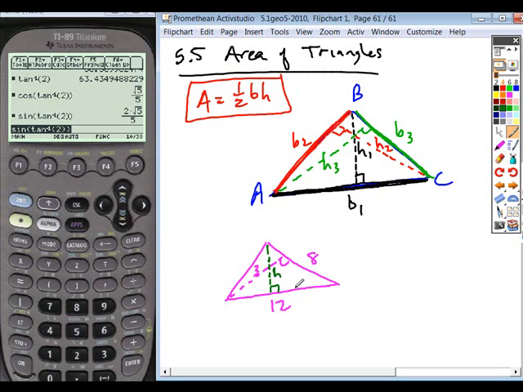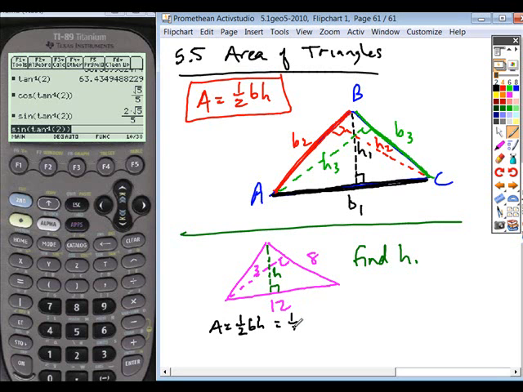Okay, so if I asked you to find the height of this triangle, H, do you think you'd be able to solve that? And what would be the area formula for this triangle once again? 1/2 base times height.